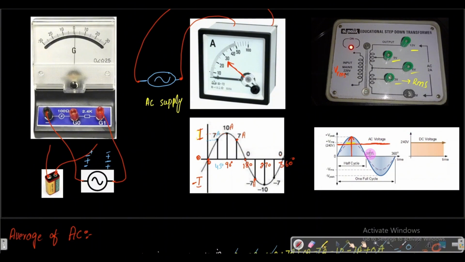So the heat produced by an alternating voltage having the RMS value of 240 volt will be equal to the heat produced by a DC voltage of 240 volt. This 240 volt DC is equal to the 240 volt RMS of the AC.